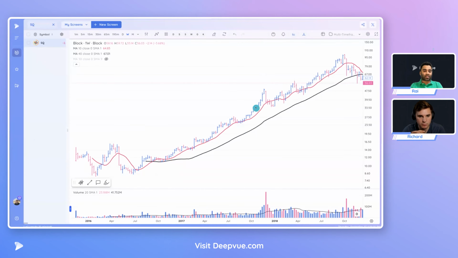From that stock as well, as the 10-week catches up. We talked about that earlier today in our spaces. We want the 10-week to catch up. Once it starts respecting that 10-week, it acts as almost insulation, right? You're going from 16 all the way to 47 and you're insulated by this 10-week line all the way. So that's what we want to see in some of these.